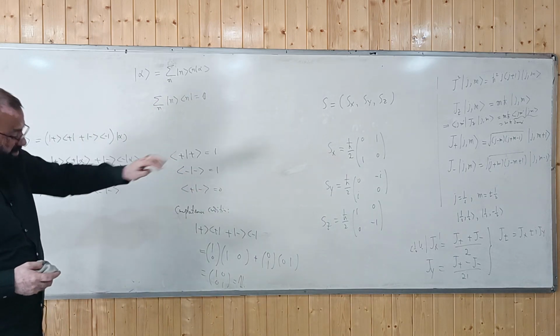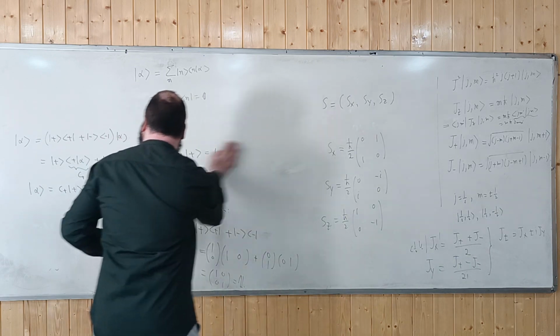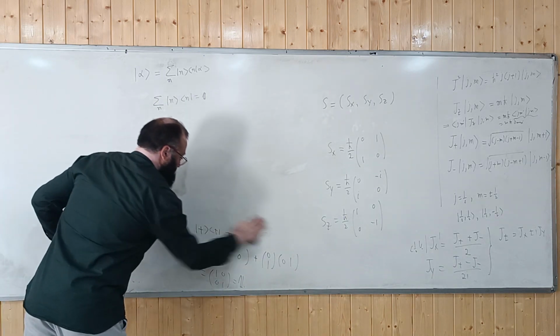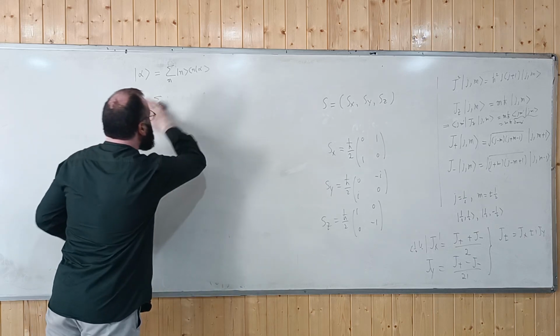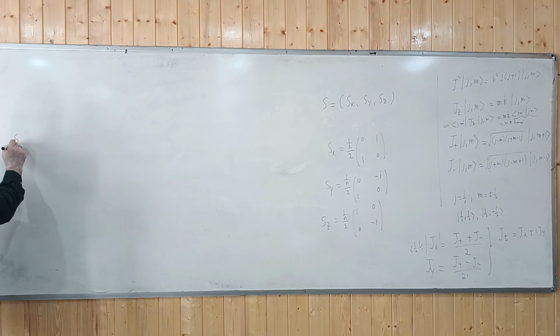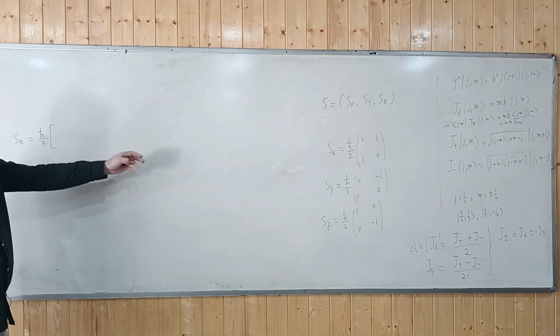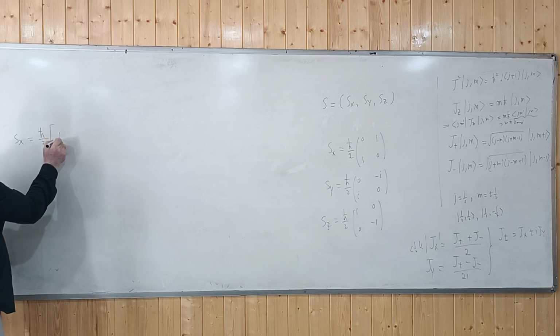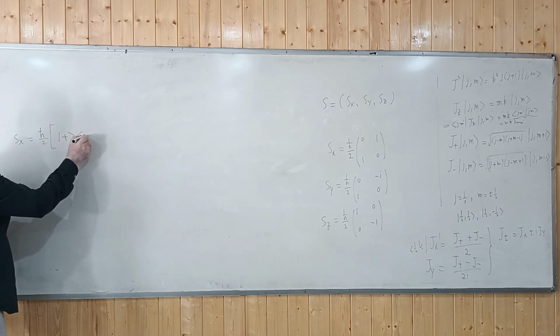In this representation, let's write this Sx. So Sx, can I write this as h bar by 2? Now look here, let me put it in terms of the vectors. I can write it as plus, minus.